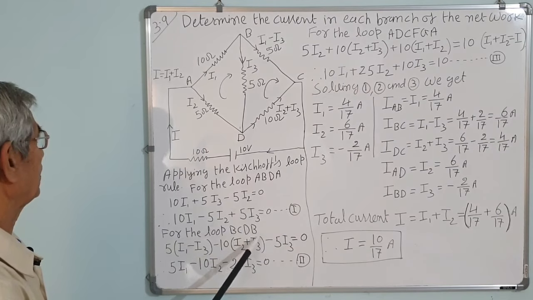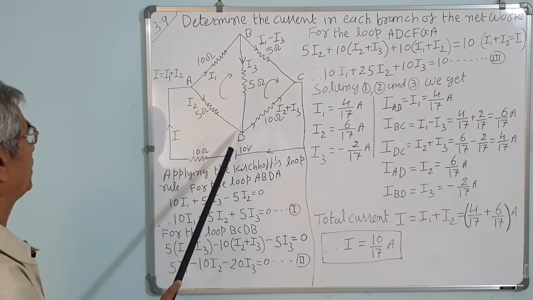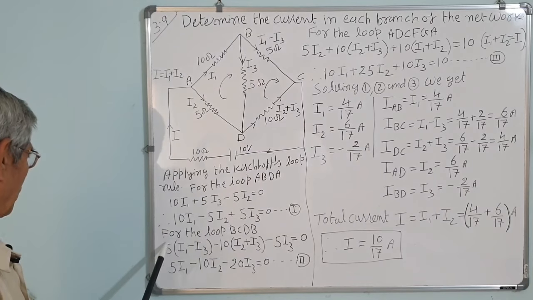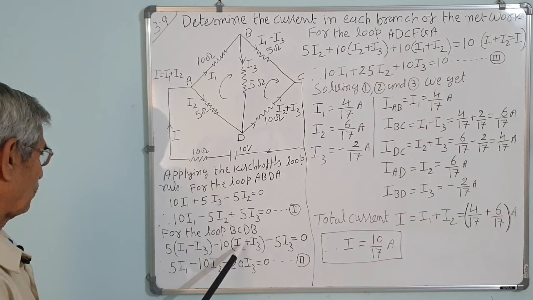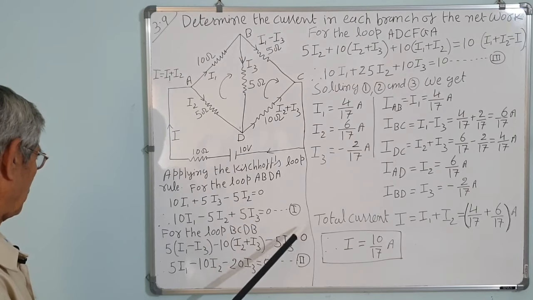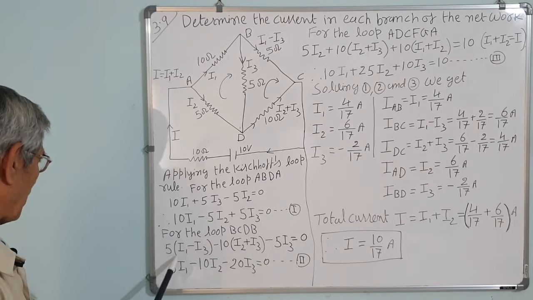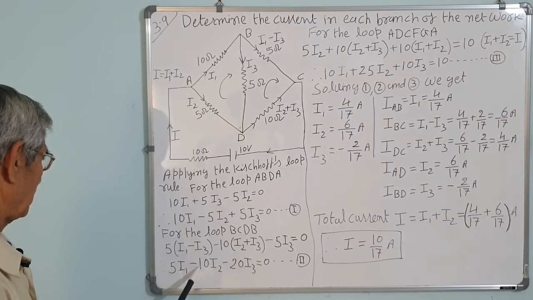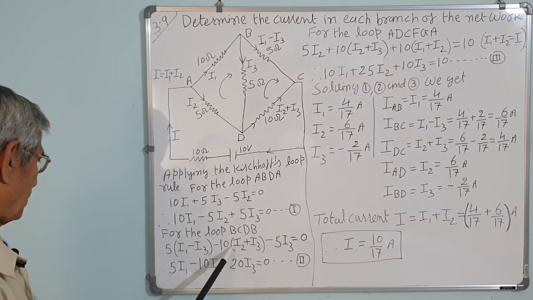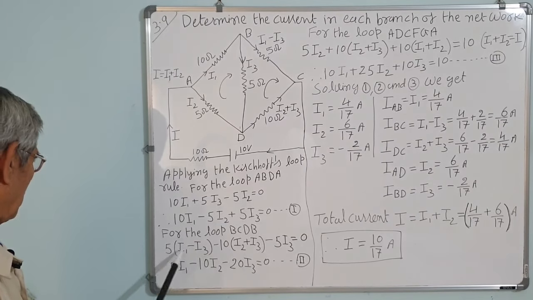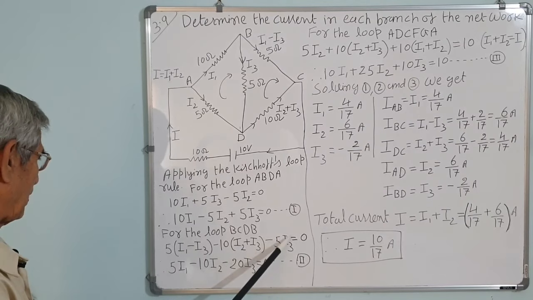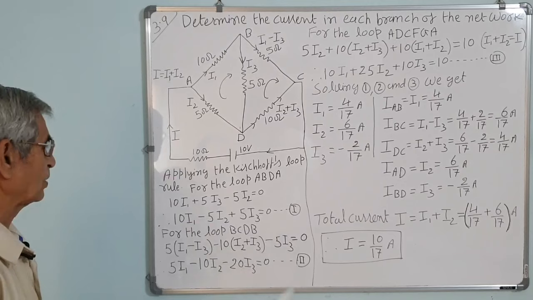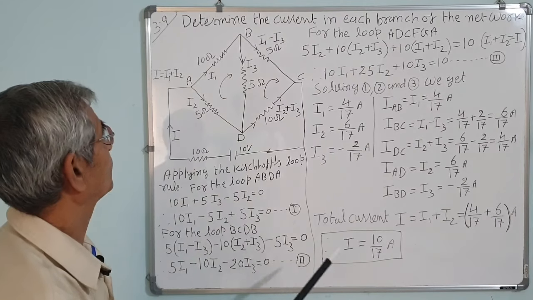For the loop BCDB, 5(I1 minus I3) minus 10(I2 plus I3) minus 5I3 is equal to 0. Simplifying, 5I1 minus 10I2 minus 20I3 is equal to 0. This is equation number 2.